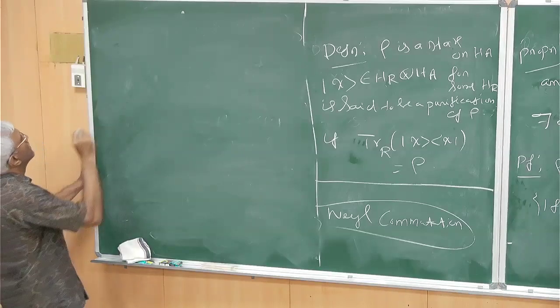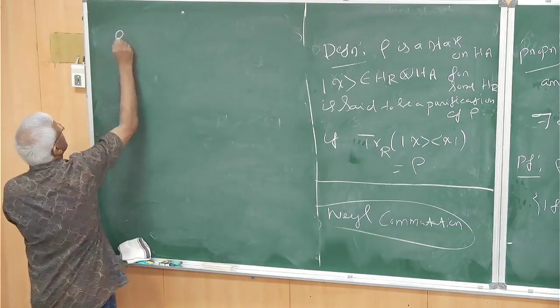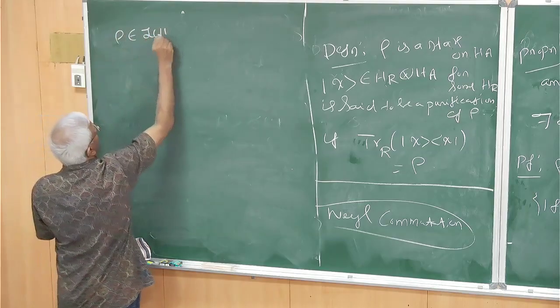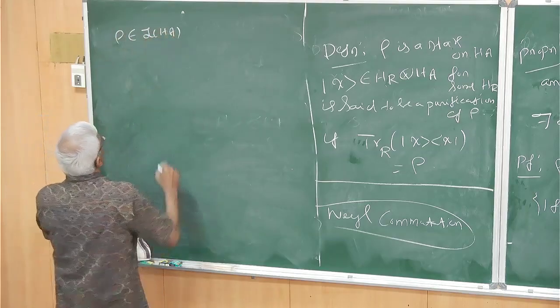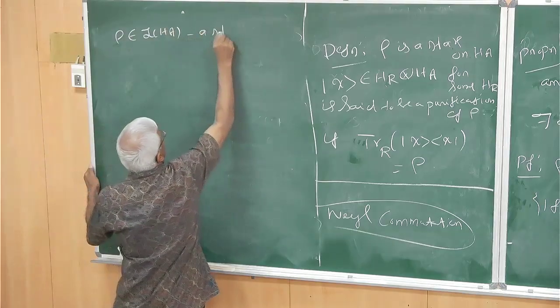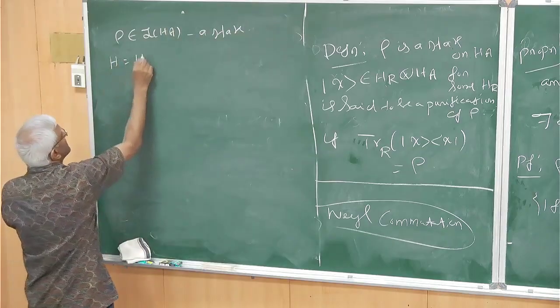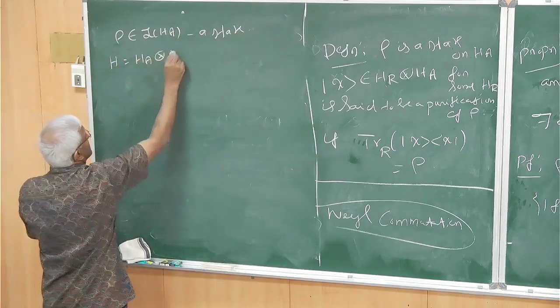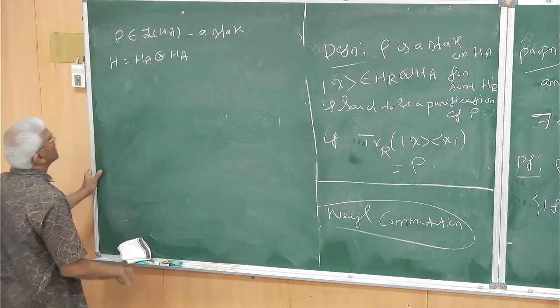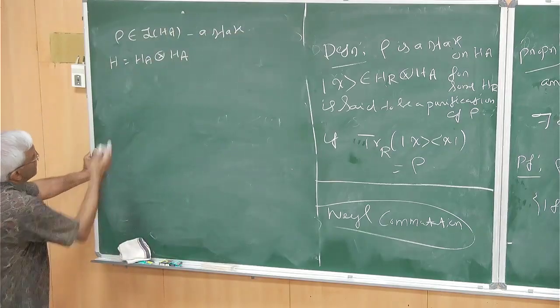Square root of rho. So if rho is in L of H_A, then H_A equals H_A tensor H_A, and we have gamma in this.